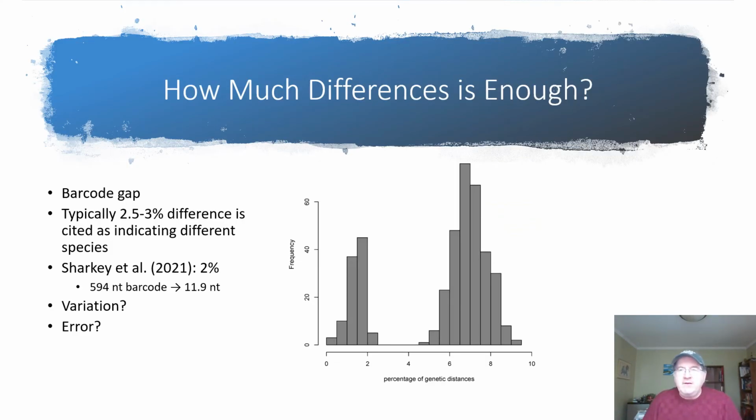One of the things inherent in the use of DNA barcoding to distinguish species is this idea that if we took a random sample of specimens, let's say 100 specimens, and we sequenced the CO1, the Folmer region, of them all.